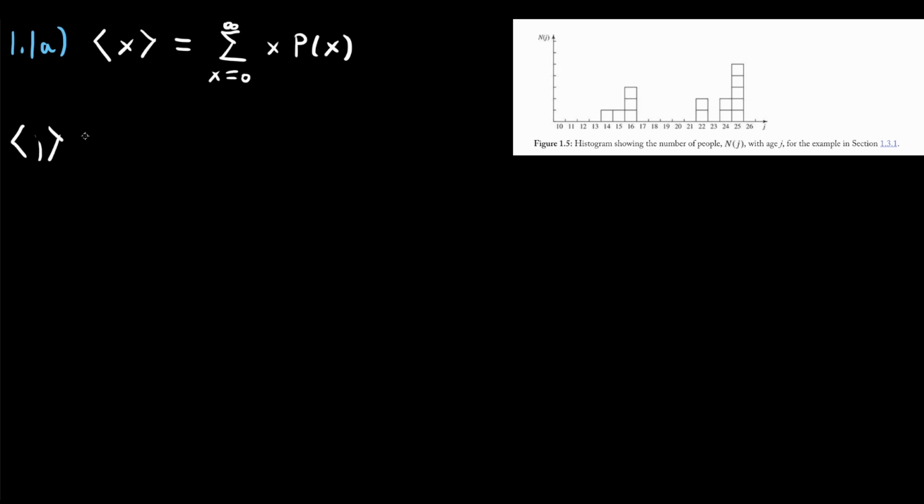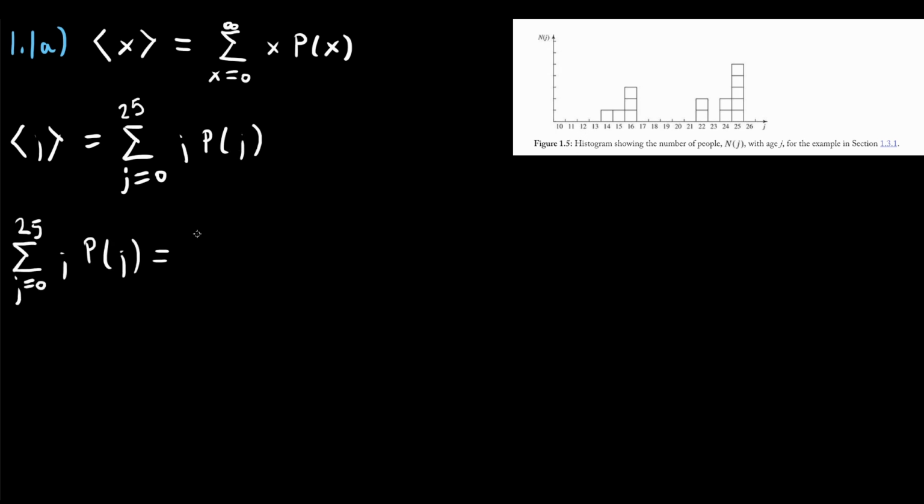So the expectation value of j will be the summation from j equals 0, and we don't have to go all the way up to infinity since we know that the last value is 25. Then it'll be j times the probability of getting that age.